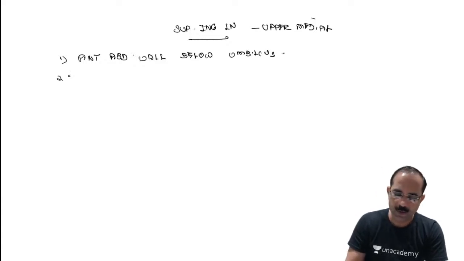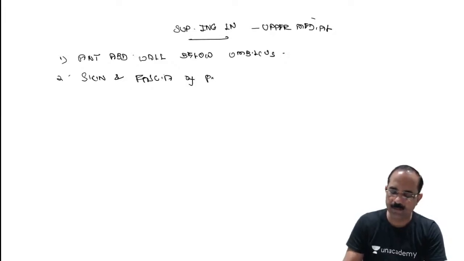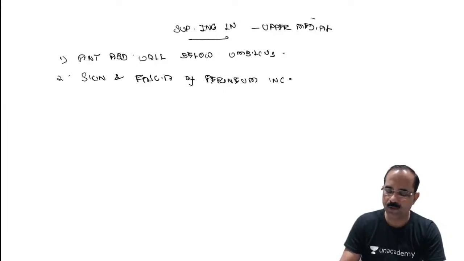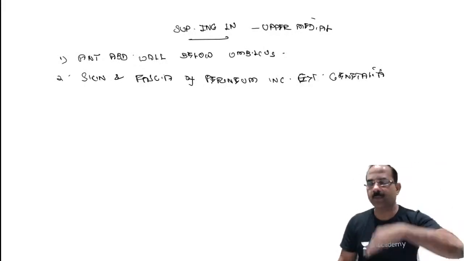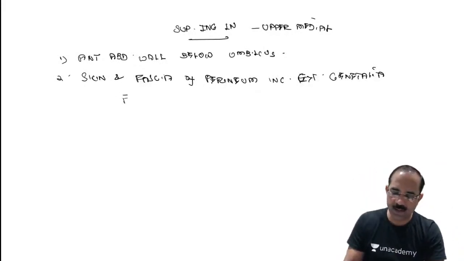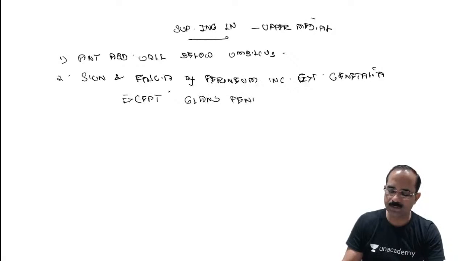Skin and fascia of the perineum, including the external genitals. Except, can anyone answer this? Except what? Except the glans penis and the glans clitoris.